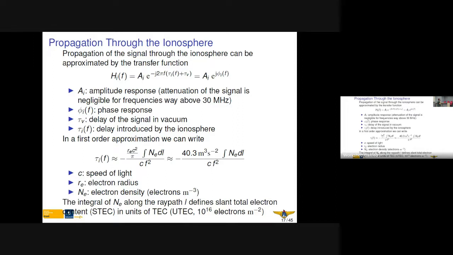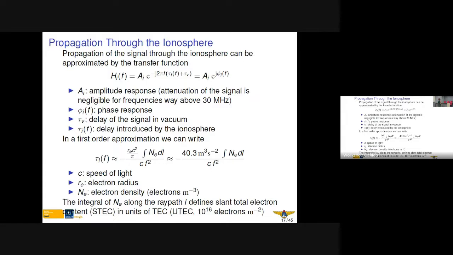Here, N_e is the electron density, r_e is the electron radius, so the radius of one electron, and c is the speed of light. We can approximate this with a number because the electron radius and the speed of light are known: 40.3 times cubic meters divided by seconds squared.